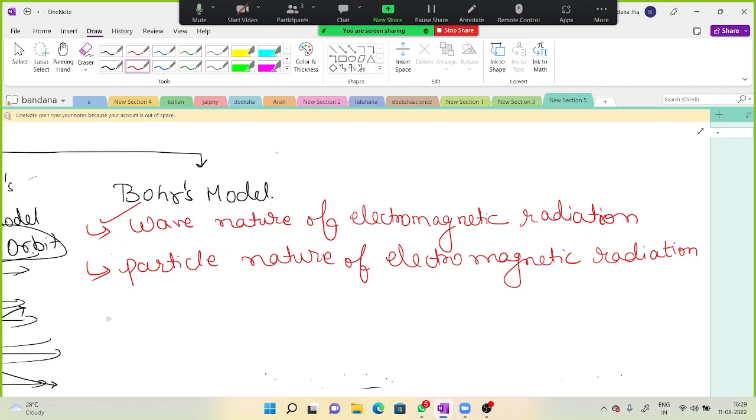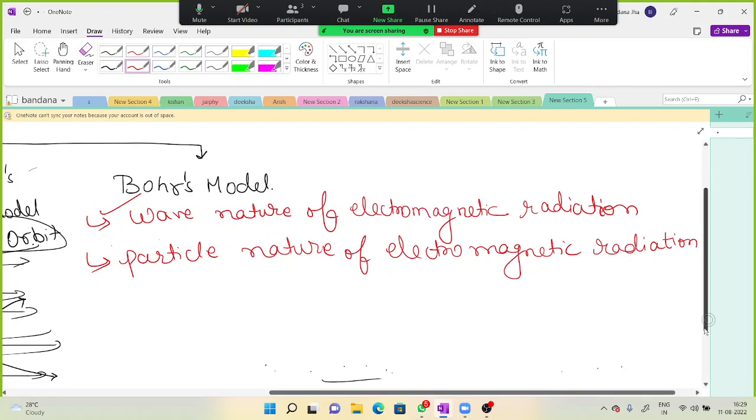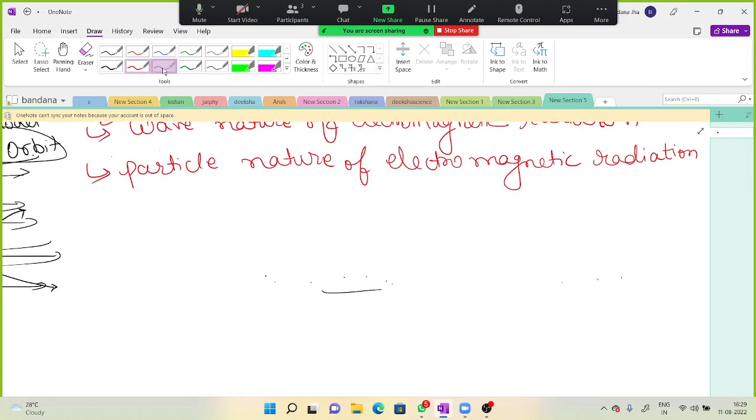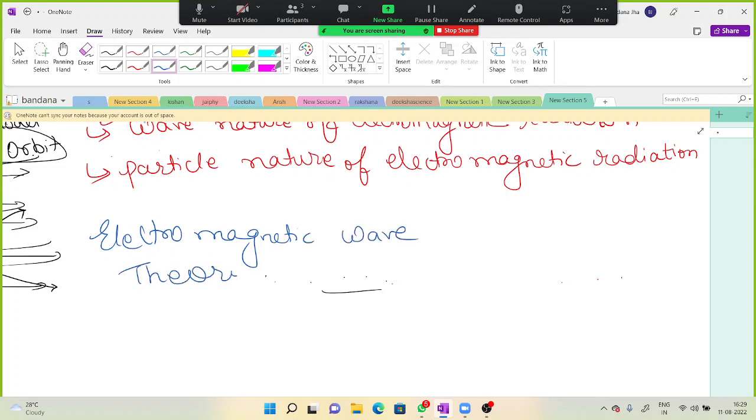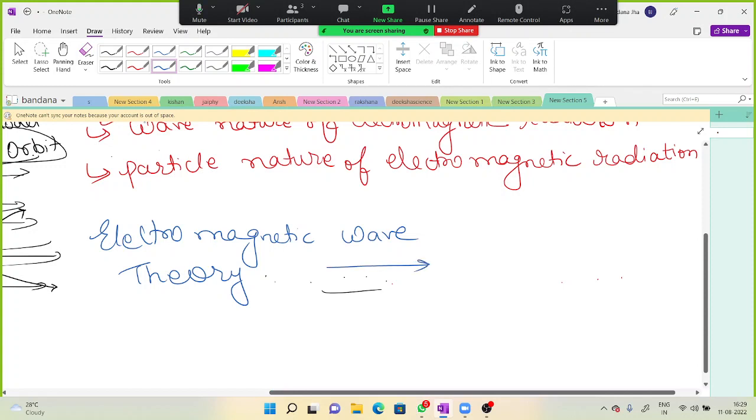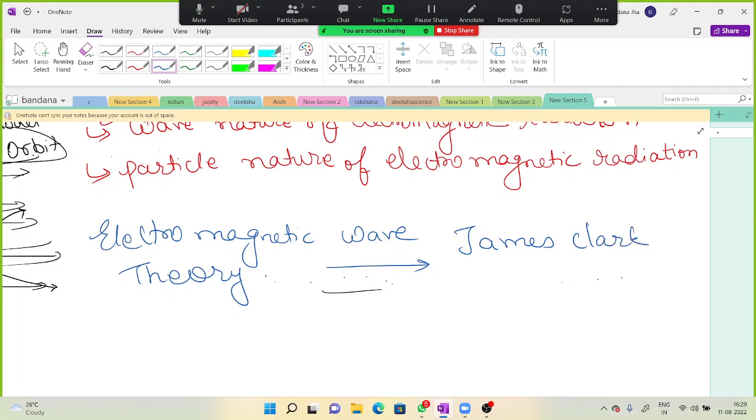I am writing that also: the electromagnetic wave theory was given by James Clerk Maxwell in the year 1870.